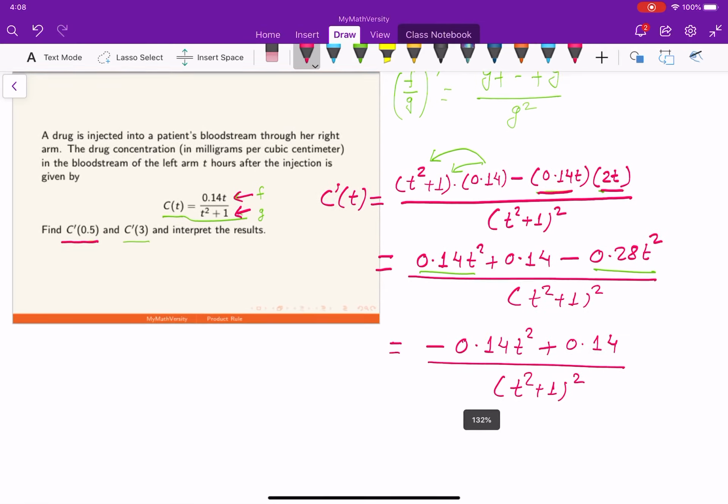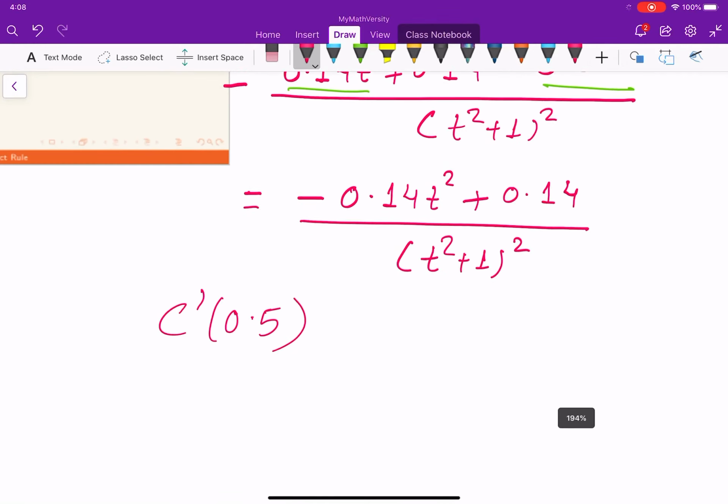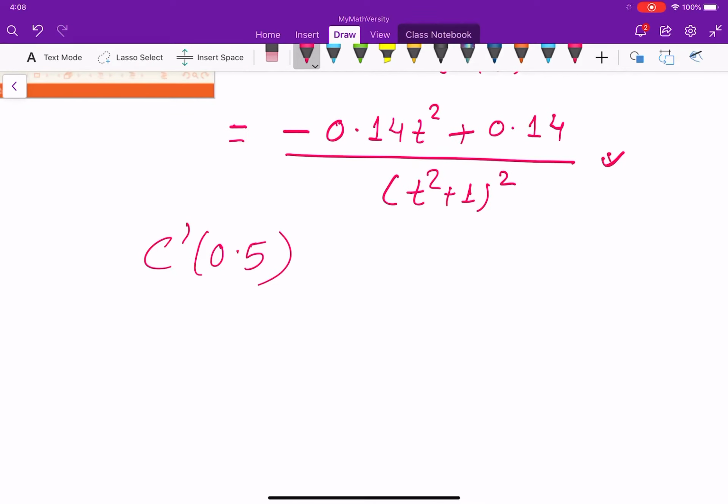So this is just if you want to simplify this one, because the main job here is to find C prime at 0.5, which you could also do over here with this expression, but since I simplified, let me use this and then try to evaluate C prime of 0.5. If this is C prime of t, how do you find C prime of 0.5? We just need to replace t by 0.5, right?